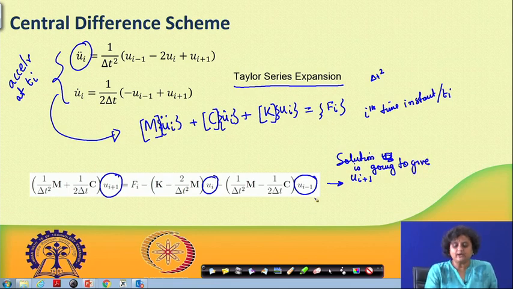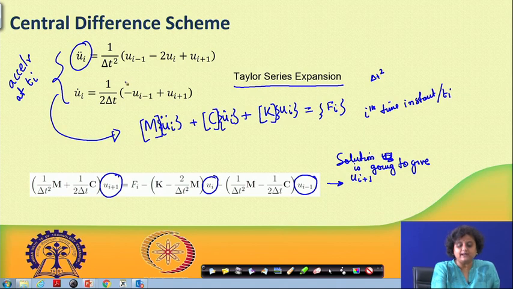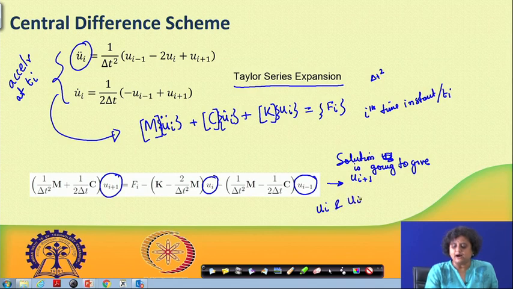So what we are doing is using the equation of motion at the ith time instant, using Taylor series expansion for the displacement and velocity, and writing u i plus 1 in terms of the preceding values of displacement. This equation gives me u i plus 1 provided u i and u i minus 1 are known.